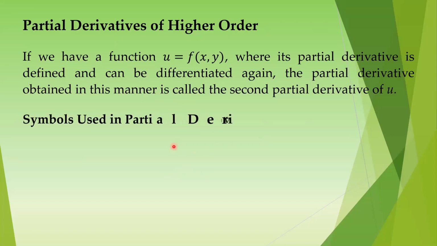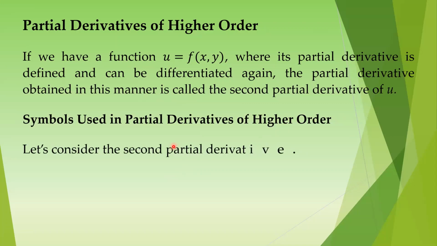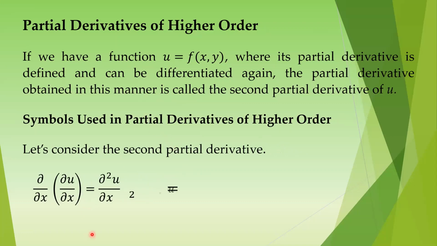So, we have symbols in partial derivative of higher order. So, we're going to consider only the second partial derivative for the symbols. So, we have the partial derivative with respect to x of the partial derivative of u with respect to x.